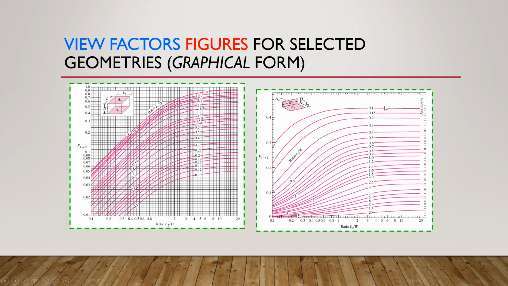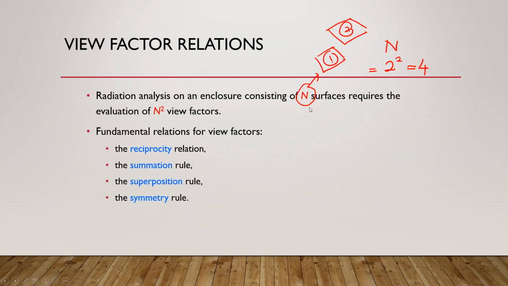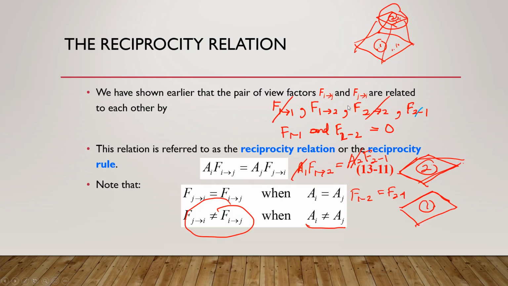So now here we have 2 and 1, therefore F1 to 1, F1 to 2, F2 to 1 and F2 to 2. F1 to 1 and F2 to 2 are equal to 0 because they are plane surfaces. So we reduce the 4 view factors to 2. Now we use the reciprocity relation.